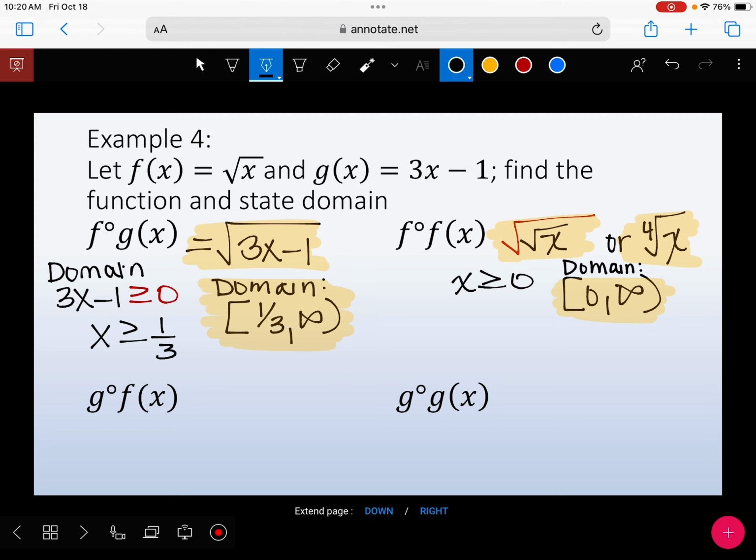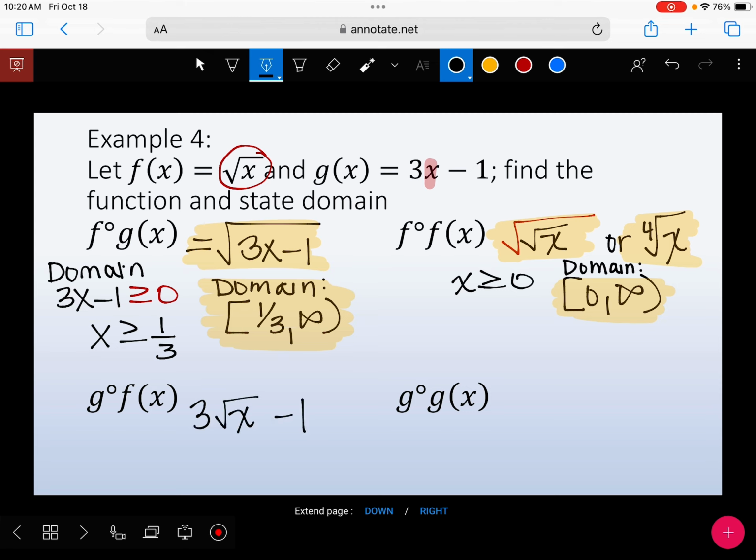So now for this example, remember it says take f of x and put it into g of x. So what I'm going to do is take this and put it right here. So my function will be 3 times the square root of x minus 1.